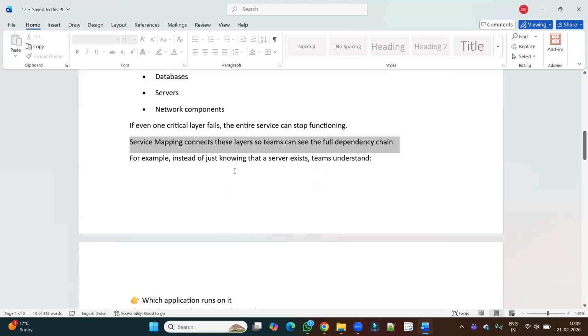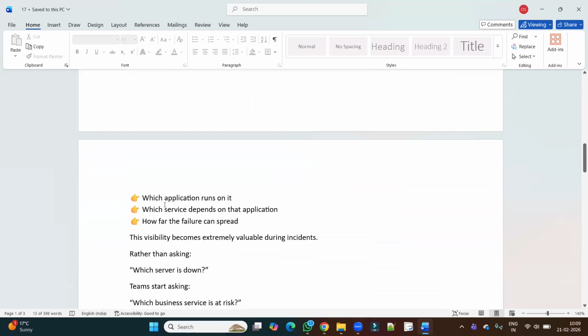Instead of just knowing the server exists, teams now have the information about which applications are running on that server, which services are dependent on that application, and how far the failure can spread. By looking at the infrastructure, you can do all kinds of anticipation.